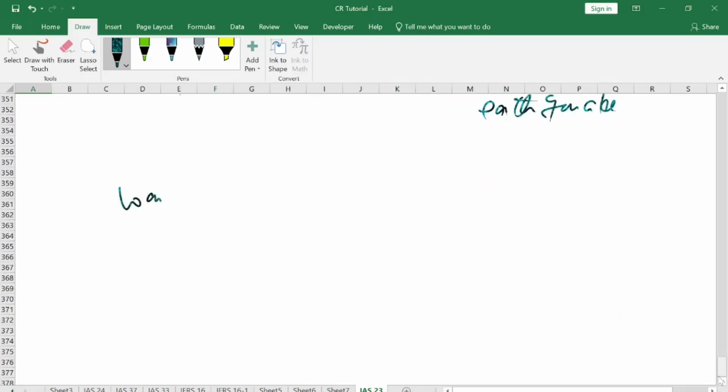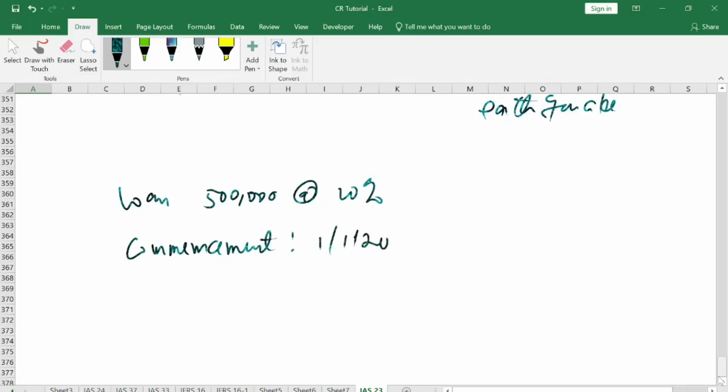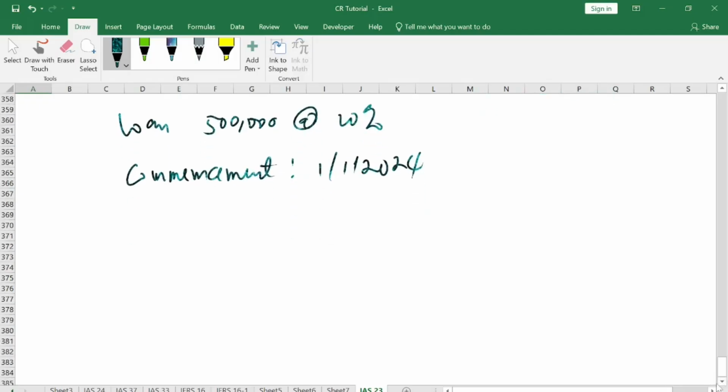So in here, how do you do it? You have a loan. For example, you have a loan of 500,000 at an interest of 10%. The commencement of the project started on 1st January 2024. Now, along the line, there's what we call suspension.